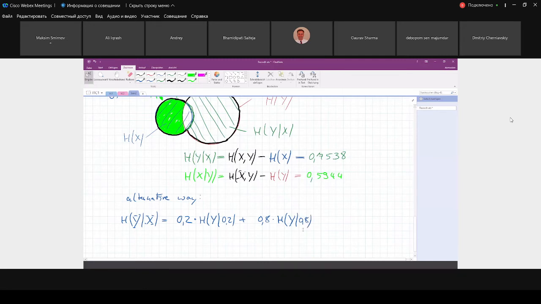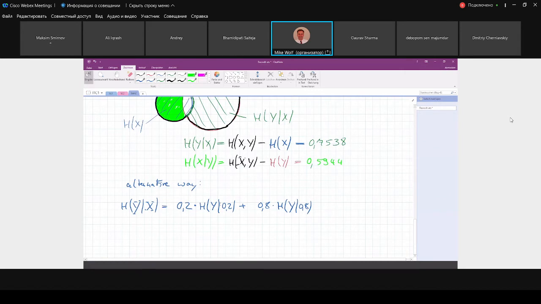Then we have to calculate this. This only depends on the conditional probabilities. So we can say H of Y given X equals 0 only depends on these conditional probabilities. And we remember, if we take a look at the arrows, one conditional probability is 0.7.